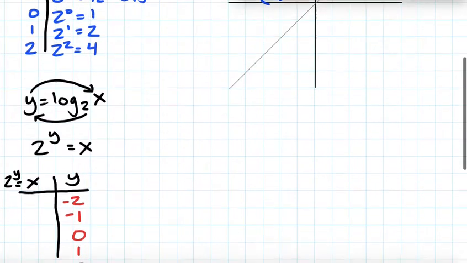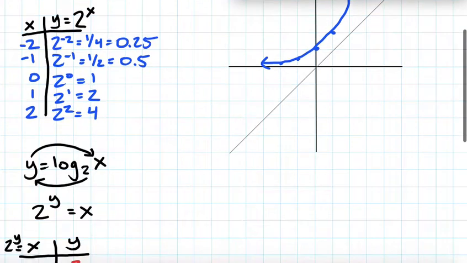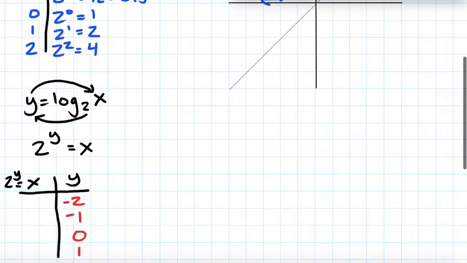You'll see that this graph and the graph of y equals 2 to the x are going to have the same numbers, but the x and y coordinates are going to be switched. As we learned in section 9.2, we call those inverses. So the graph of the logarithmic function and the exponential function are inverses.